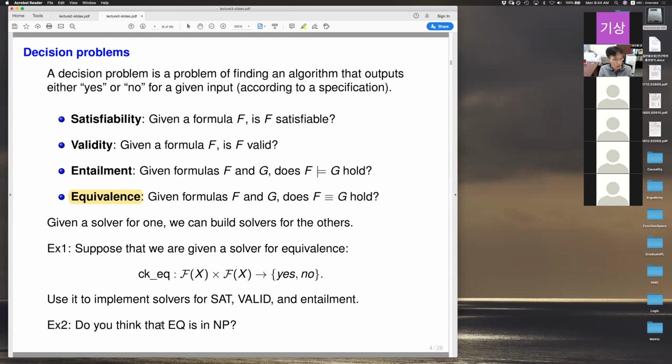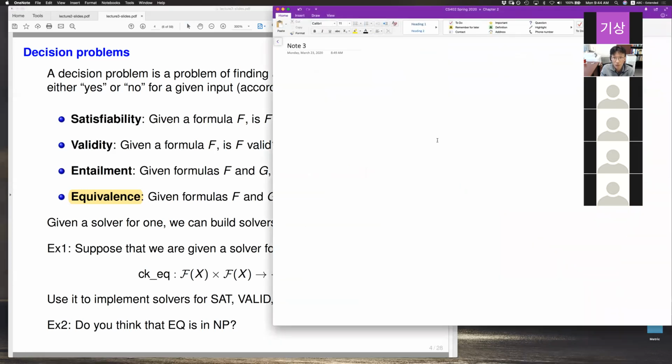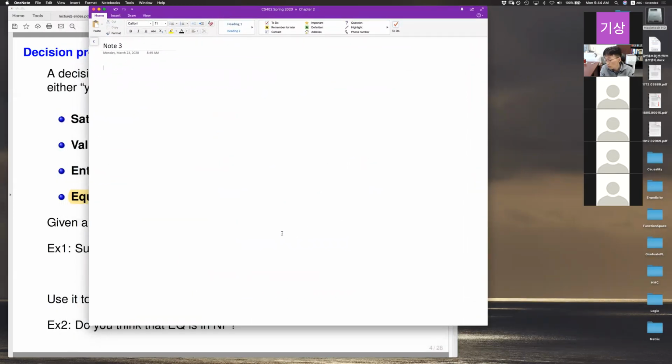The second question is, I'm asking whether this equivalence question belongs to NP. So I will tell you a bit more about what this NP means. Perhaps you heard about the complexity class NP or co-NP, or maybe some of you even know about the polynomial hierarchy and so on.